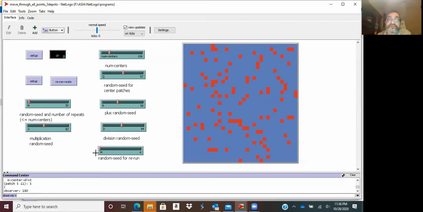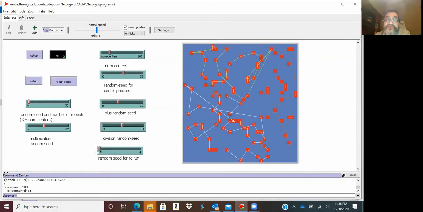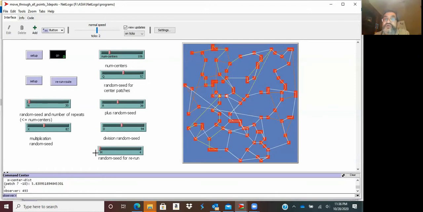Now I expect it to begin to run, and at the same time you can see they will add the routes for three vehicles. One vehicle uses the red route, another vehicle uses the white route, the third one uses the yellow route. After it runs 30 times, we choose the one that gives us the minimum delivery distance.